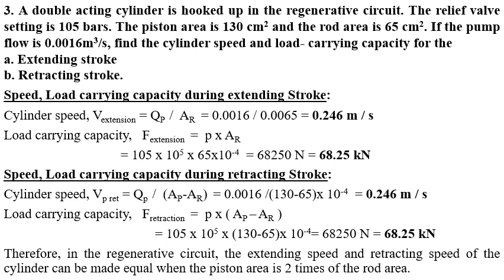Same thing is done here. So in the regenerative circuit, the extending speed and retracting speed of the cylinder can be made equal when the piston area is 2 times the rod area. So now you could understand the concept of the piston area being 2 times the rod area. When you make piston area equal to 2 times rod area, we can achieve V extension equal to V retraction. Thank you.